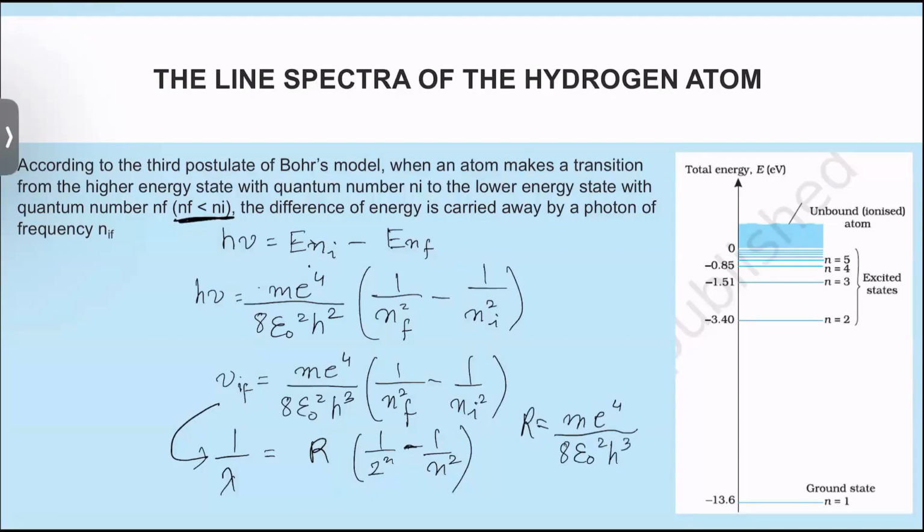If you put the values for the mass of the electron, the charge of the electron, the epsilon_0 value, and Planck's constant, you get about 1.0 into 10 raised to 7 per meter.